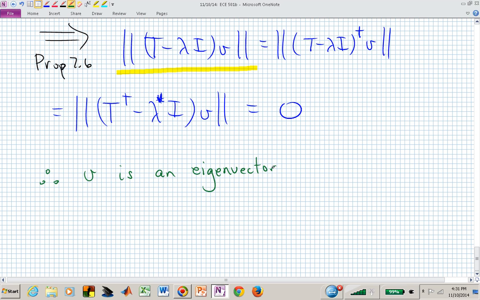We can now conclude that v is an eigenvector of the adjoint of T with an eigenvalue of the complex conjugate of the original eigenvalue.